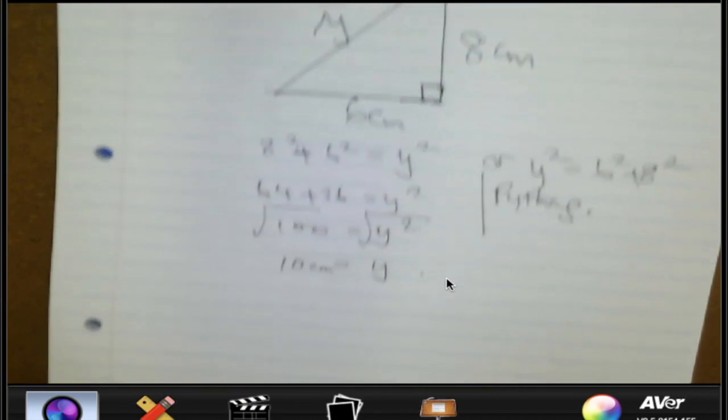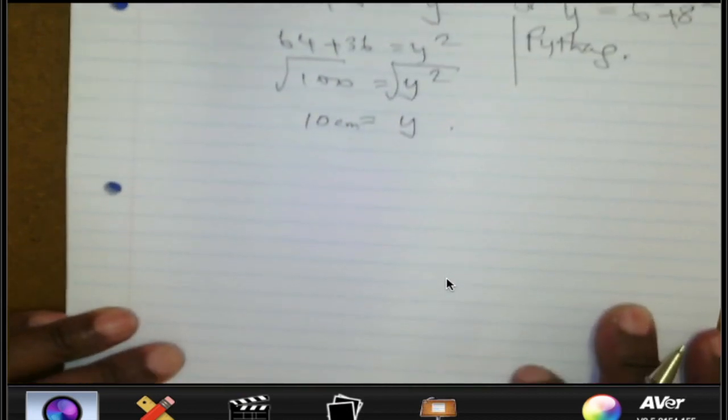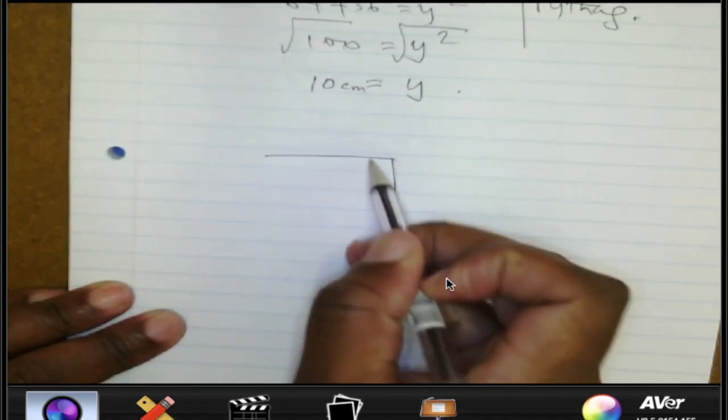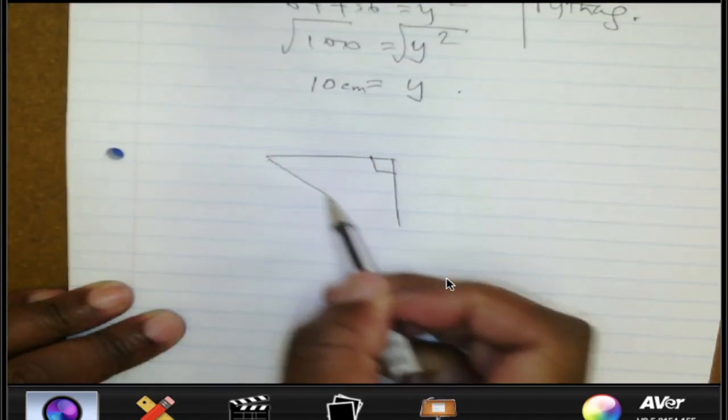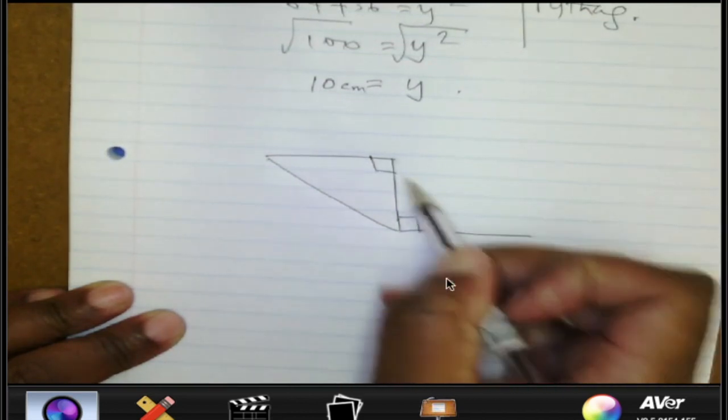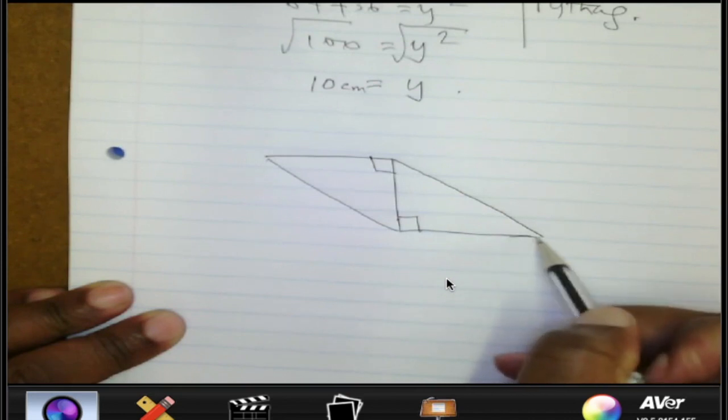Just one last example. At times you get something like this. Now there are two triangles here.